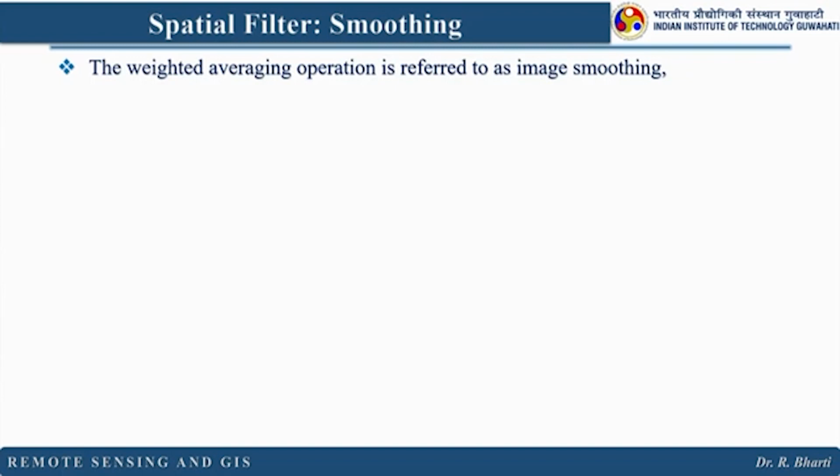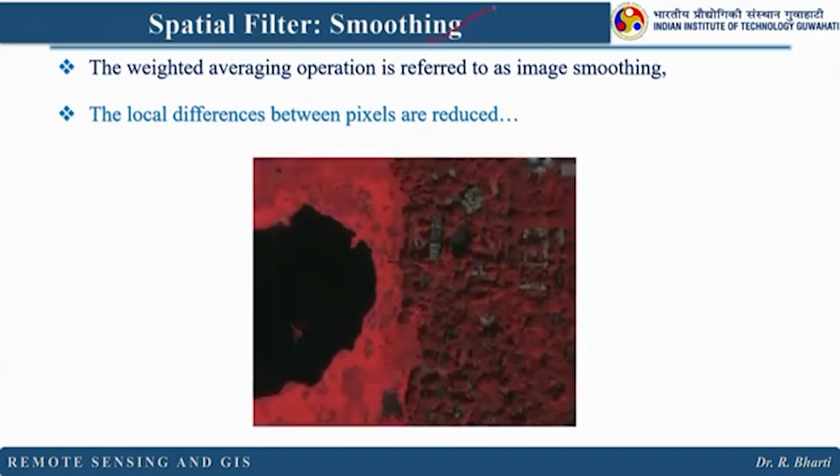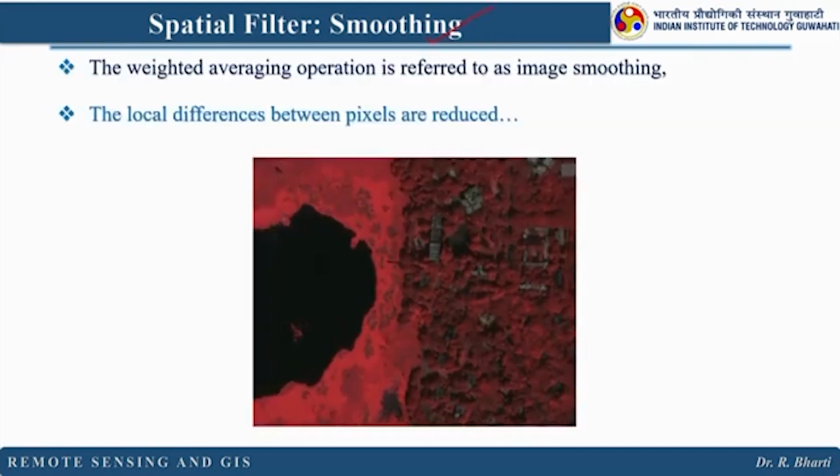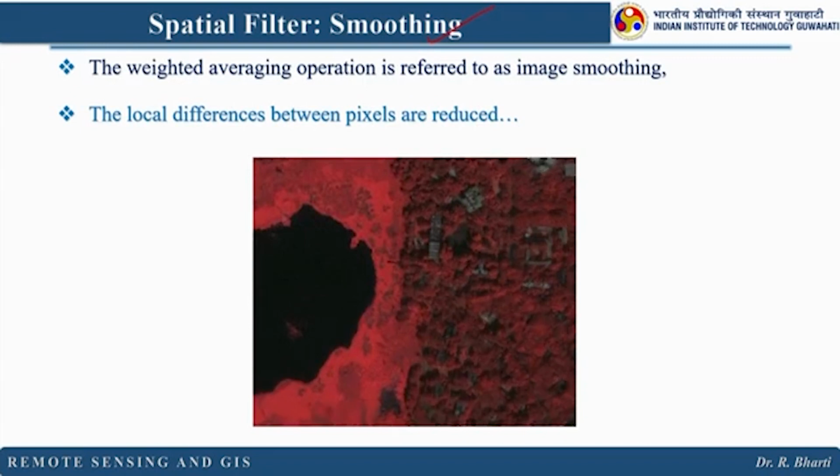This is the basic definition. Now, the local differences between pixels are reduced when you are using this smoothing. Here you can see some example, like this is one raw image, and if you apply smoothing, what will happen, you can see. I hope this is visible to you.